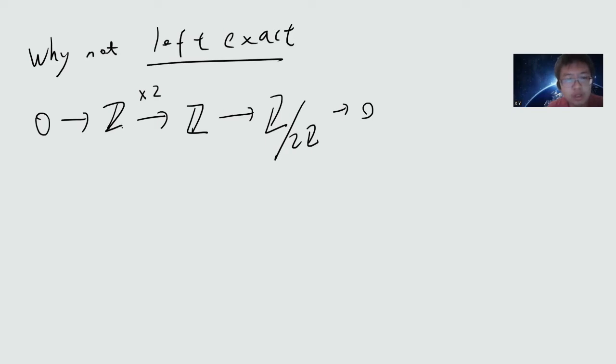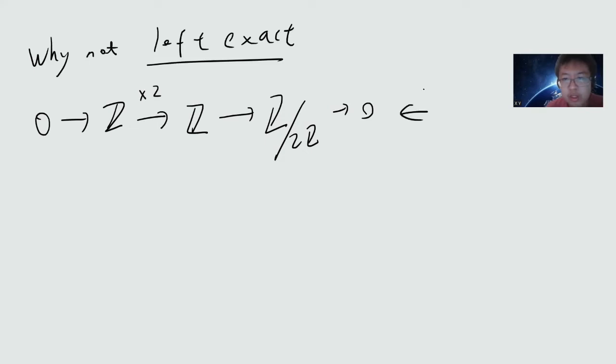Obviously that is exact, because this map is injective: because 2a equals 2b, a must equal b. And this map is surjective, and anything which maps to 0 by definition comes from the left-hand side.